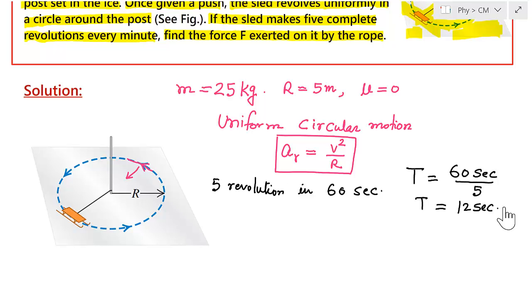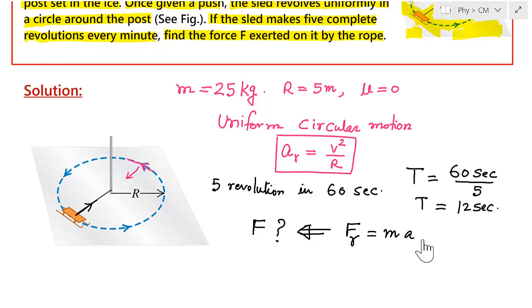Now we can apply Newton's second law. But what is the thing that we have to find? We have to calculate force. Force is equal to mass times acceleration. In this case, we have to calculate the force in the radial direction, because it is the force in the string, in the rope, and that is basically in the radial direction.